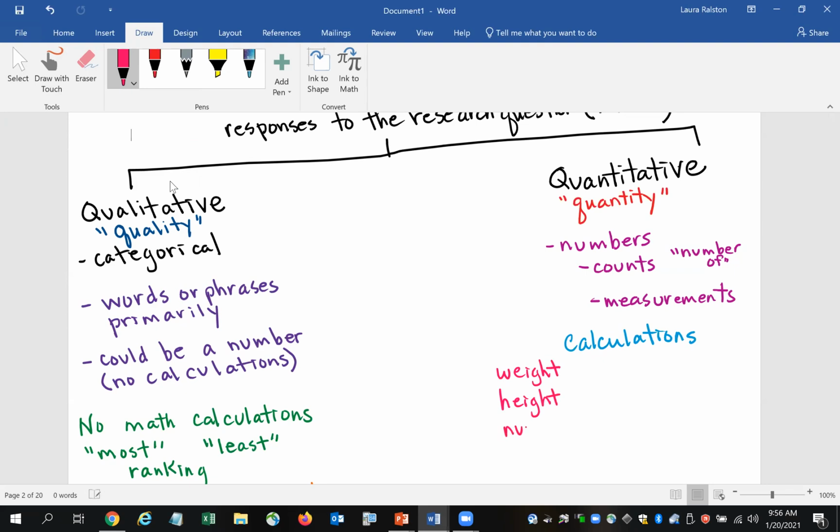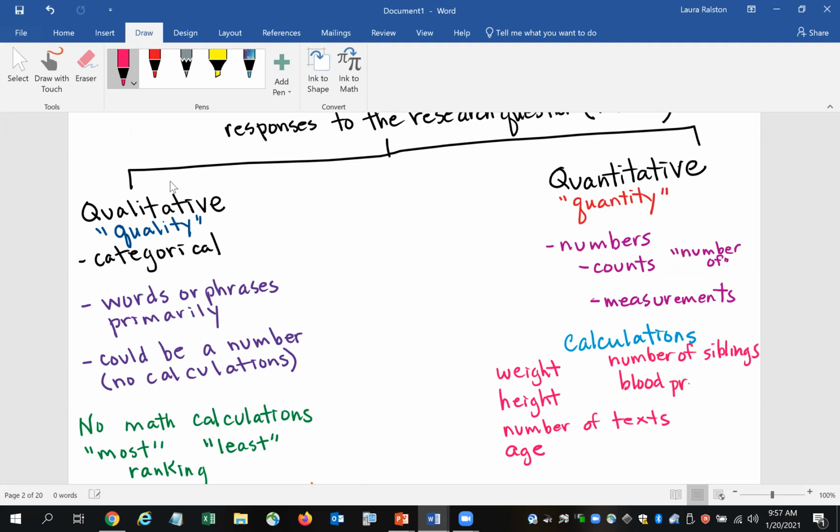You could do the number of texts that you get within a day or within an hour. You can do age. You could do the number of siblings that you have. We can talk about blood pressure.